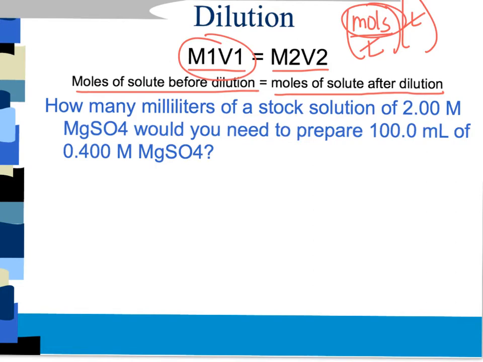All we have to do is add water if we want to dilute something, right? So notice in this problem, we're starting off with a 2 molarity, and then eventually we're going to dilute it down to make a 0.4, okay? You have done dilutions before, I'm sure you have, you just didn't realize you were doing a dilution. If you have ever bought one of those frozen cans of juice at the grocery store, that is very concentrated. It contains a lot of solute. For example, let's say you got orange juice.